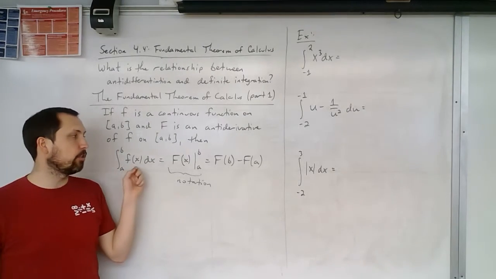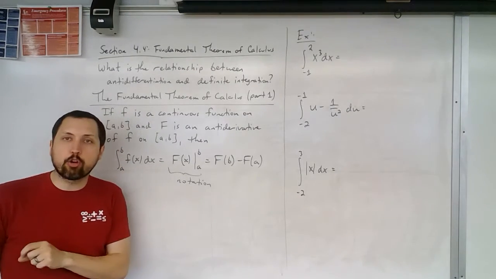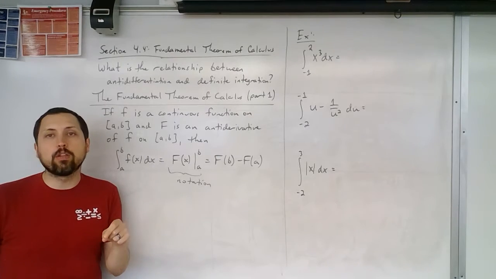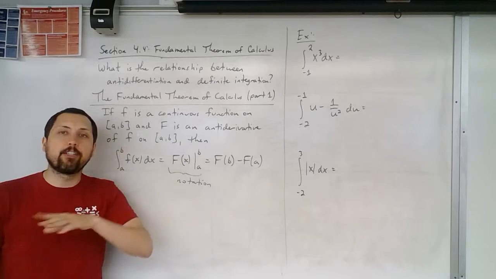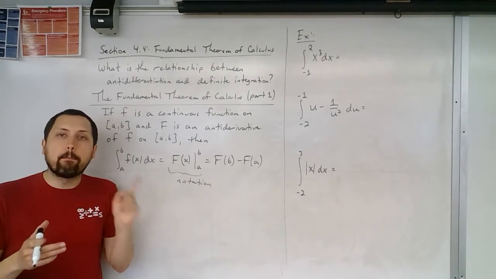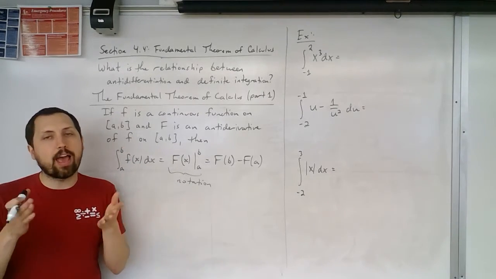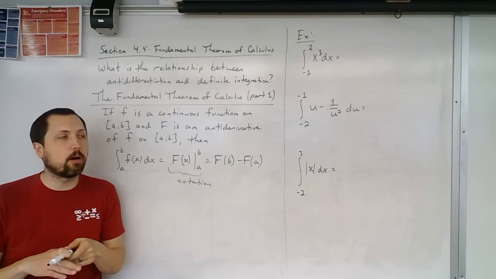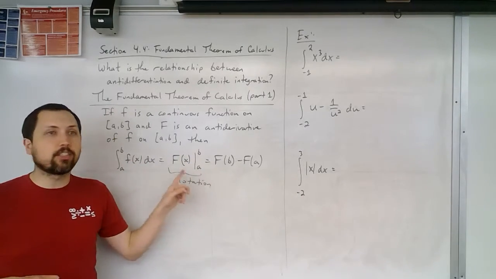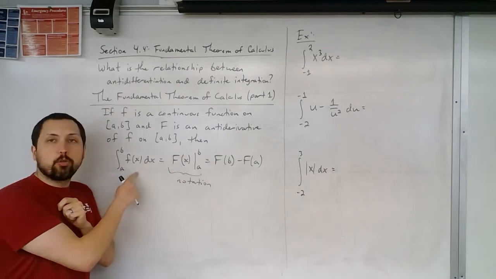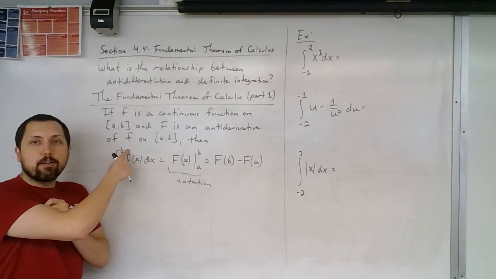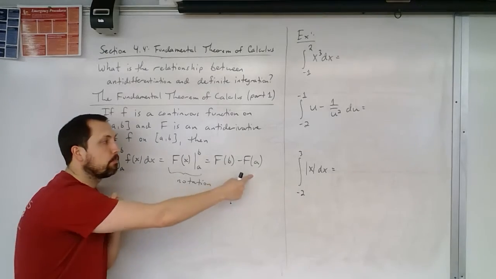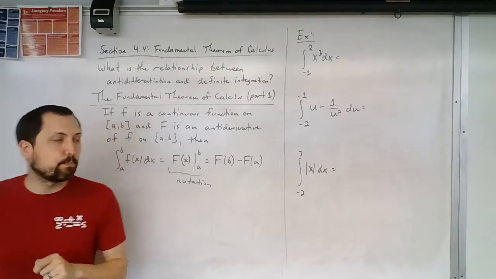So to evaluate this now, we don't have to draw pictures. We don't have to do limits. Obviously, I might ask you to use limits and Riemann sums, and then you're going to have to go through that process. But if I don't tell you that you have to use limits or Riemann sums, then you can just simply find the function whose derivative was this, plug in the top number, plug in the bottom number, and then subtract these.